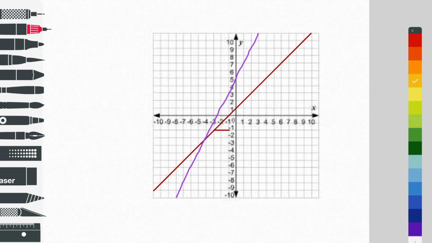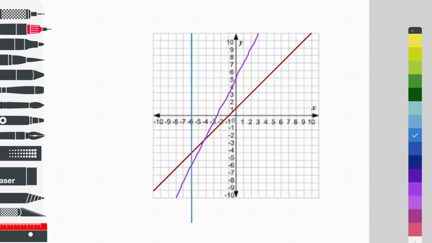If the line is completely vertical like that, that means every time it changes by 0, it goes down 0.